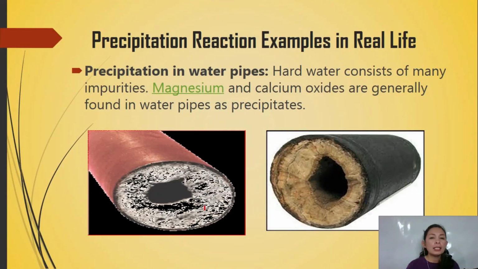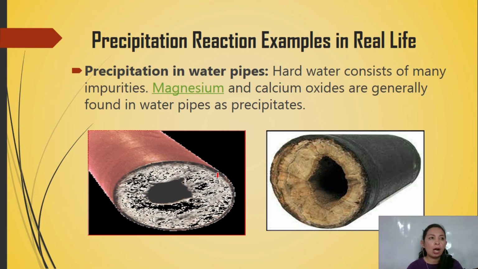And now let us have some precipitation reaction examples in real life. Precipitation in water pipes. I know you observe this one at home. Hard water consists of many impurities like magnesium and calcium oxides and these are generally found in water pipes as precipitate.